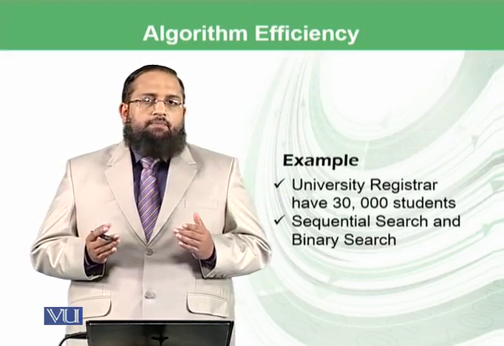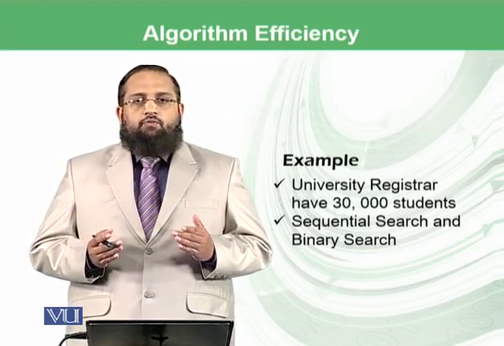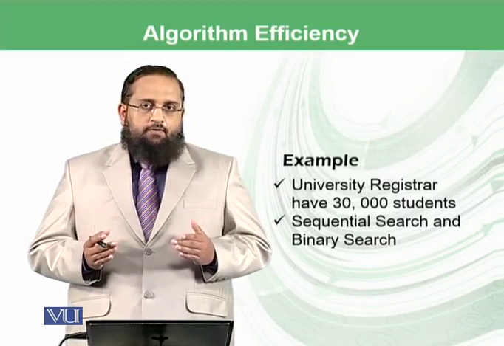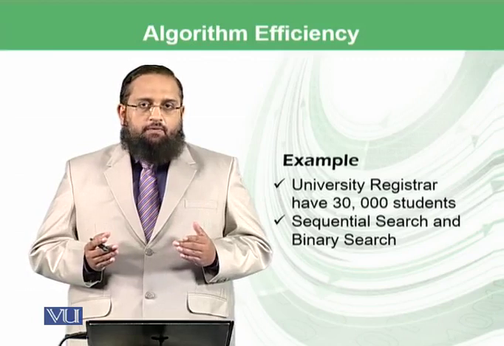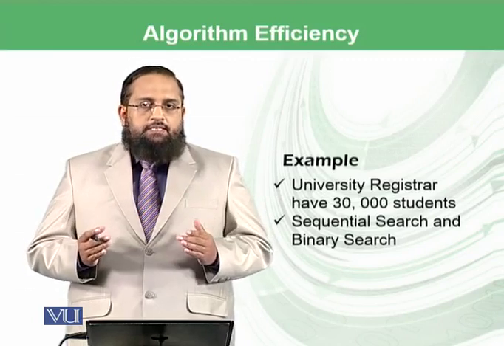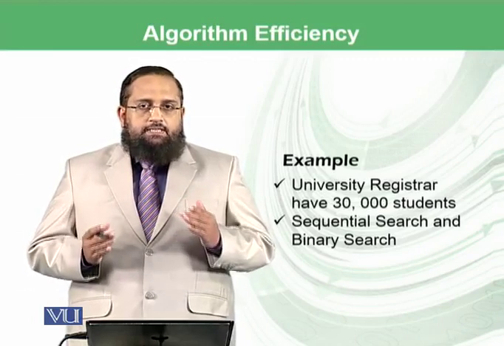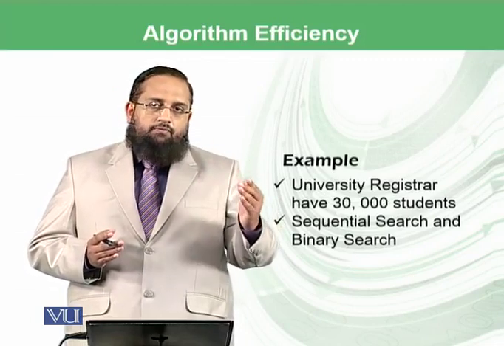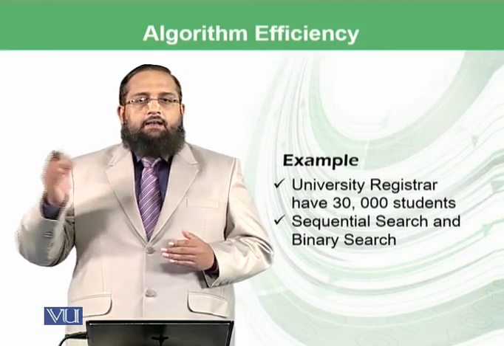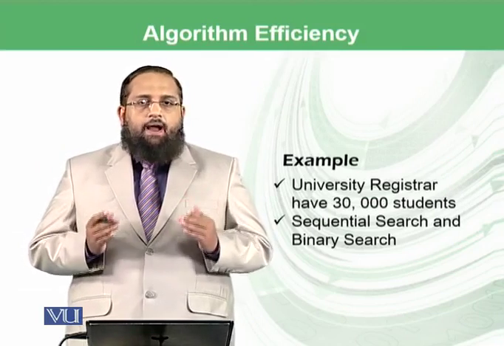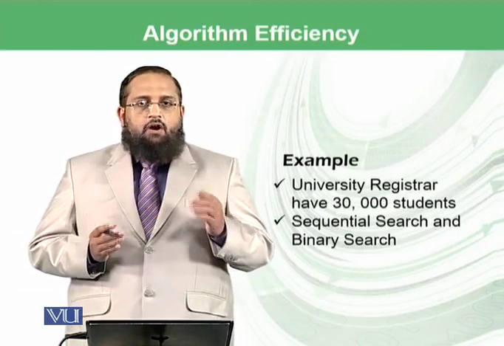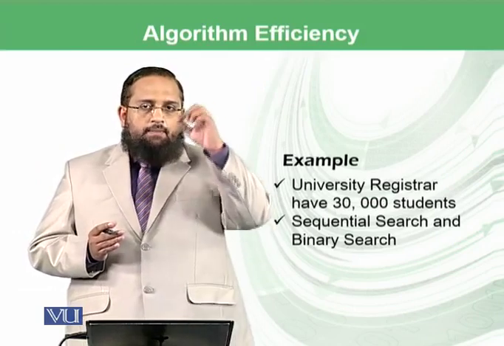In one of the previous modules, we discussed the binary search algorithm and the sequential search algorithm. The sequential search algorithm searches the data starting from the first element until the last element. And we have learned that the binary search algorithm starts comparing from the middle.